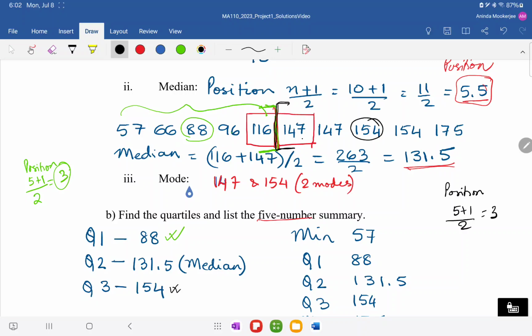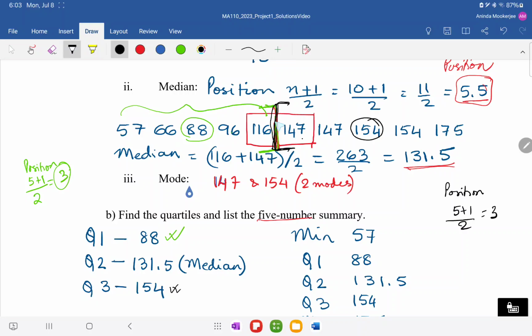Now, in this data set, because we had an even number of values, the median really split it into two equal parts. However, if we had an odd number of values, then the median would fall right on a value in the data set.